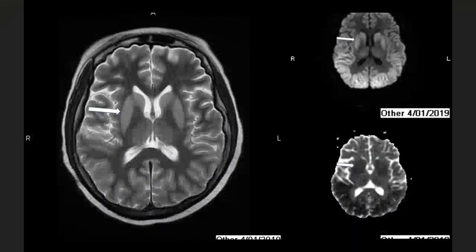This patient on a T2 has hyperintensity. Remember, for CT it's dense, whereas for MR it's intense. So hyperintense signal is there in your caudate, putamen, and thalami. And also it's very hard to perceive on T2 in the cortex, but when I look at the DWI and the ADC sequences correspondingly, it's increased in DWI, it's decreased in ADC, so that tells me it is having restricted diffusion.